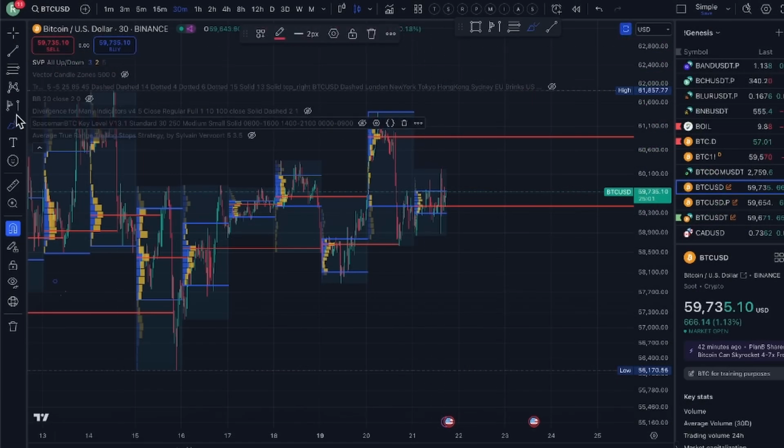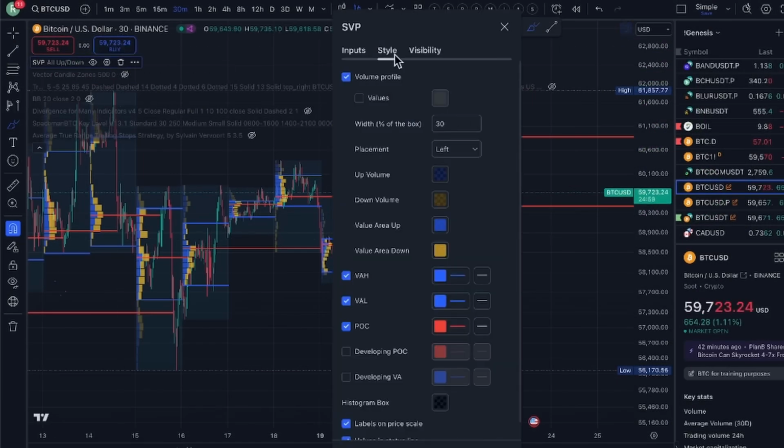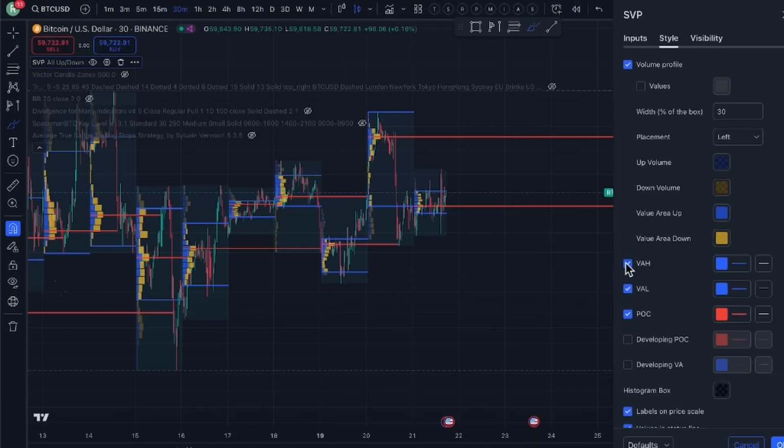You remember that we have added SVP, and here in the style you can also manually select value area high and value area low. For those who for a certain reason missed my previous video, even though I would really recommend watching it, it's less than 10 minutes about auction market theory, just to remind you, what is the value area?